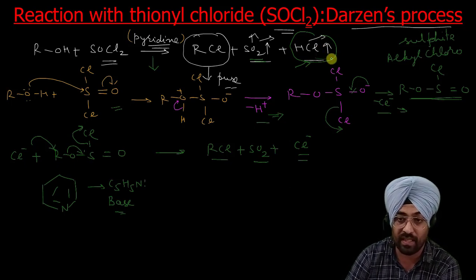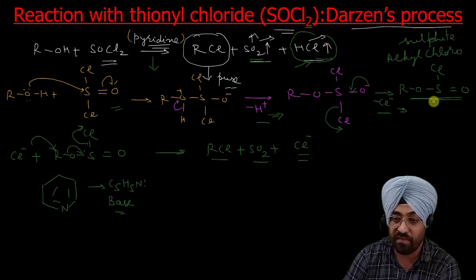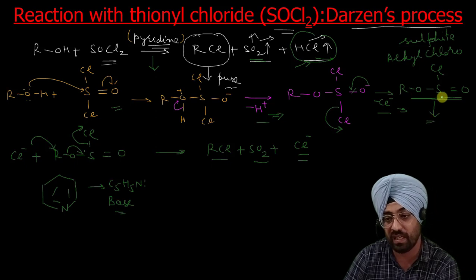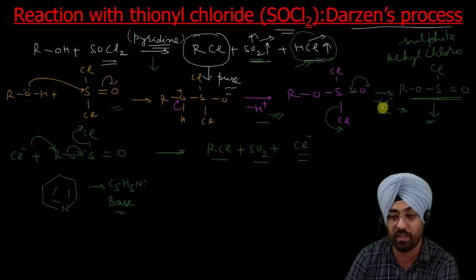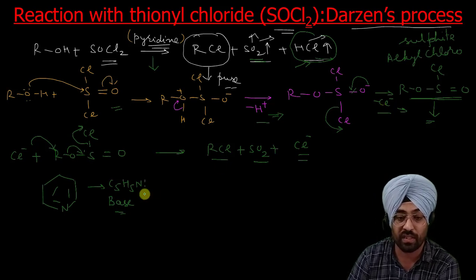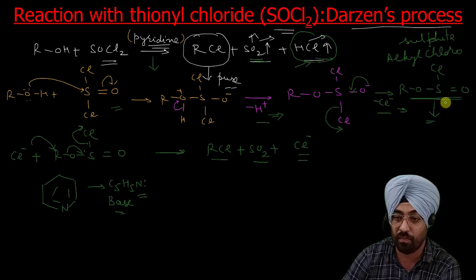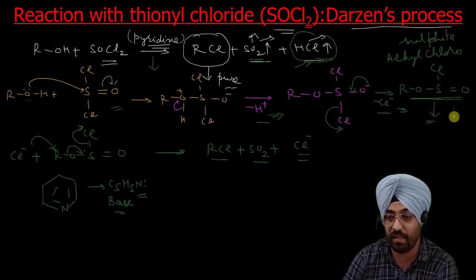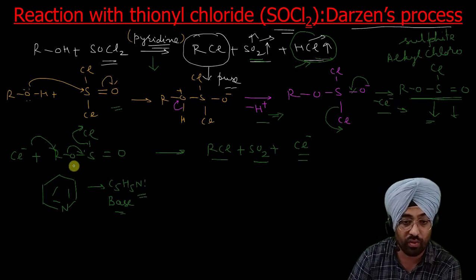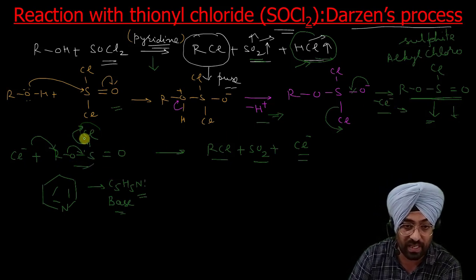So this HCl is removed, which facilitates the formation of alkyl chlorosulfite, because that step takes place through the formation of HCl. Next, we have to eliminate this Cl negative.